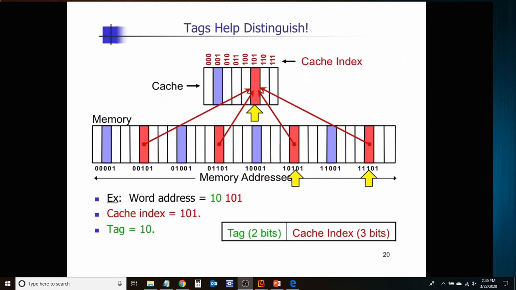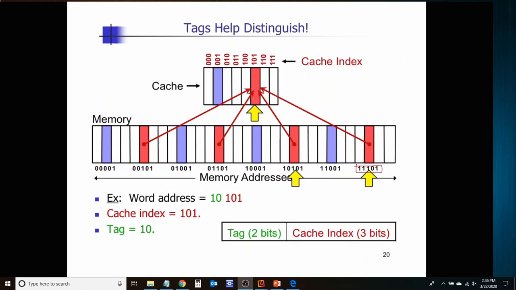Now let's talk about the memory address, the word address, and the cache index and how they relate to each other. So we've already seen that the memory address needs to be 5 bits because it's a 32-word memory. And we have seen that the cache index needs to be 3 bits because it is an 8-word cache. So to find the word address in memory, we are going to need 5 bits.